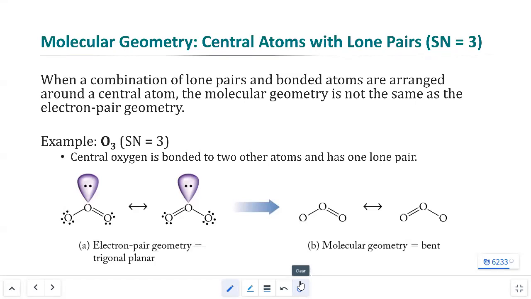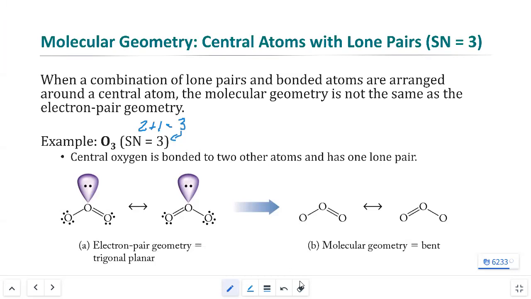Well, let's take a look at ozone. We've drawn ozone several times in chapter 4. We know that ozone has this extra pair of electrons on that center oxygen. So from a steric number standpoint, I can see I've got 2 atoms that I'm bonded to, plus that lone pair to give me the 3.